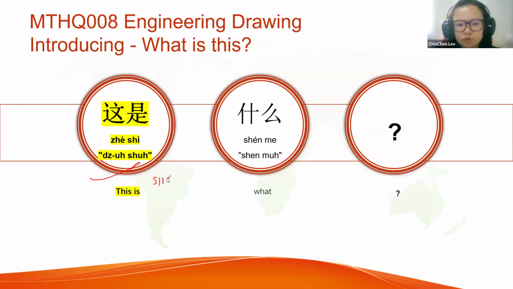So will be for tone also. 这是什么? 什么 is what? So sen will be like 思 plus n, second tone, then me is neutral tone. It's like me. 这是什么? Well, please bear in mind that when we ask what is this in English, in Mandarin it is a reverse pattern. Direct translation will become this is what.